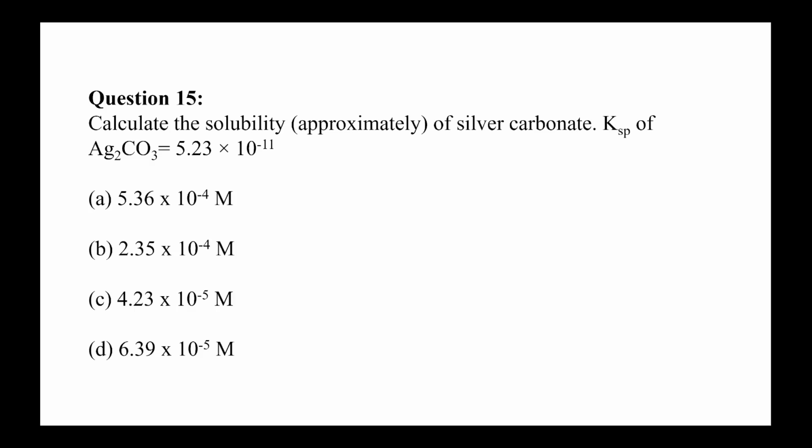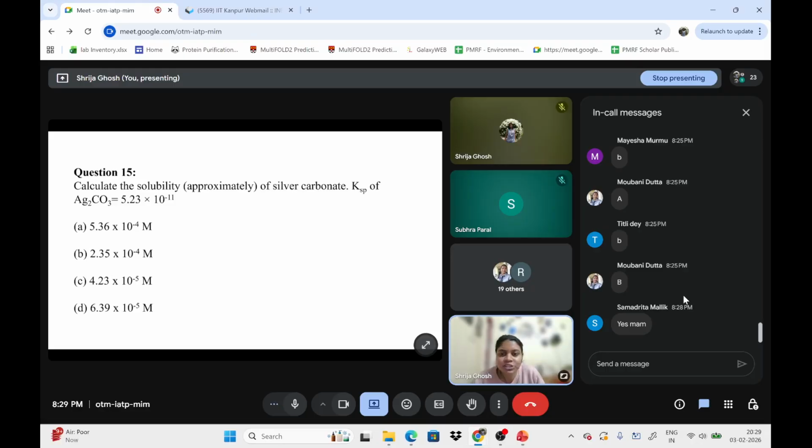Next question, question number 15. Calculate the solubility of silver carbonate. The solubility product of Ag2CO3 is given as 5.23 into 10 raised to the power of minus 11. Again, we have solved many questions like this, so I won't spend a lot of time on this. Quickly solve this question.